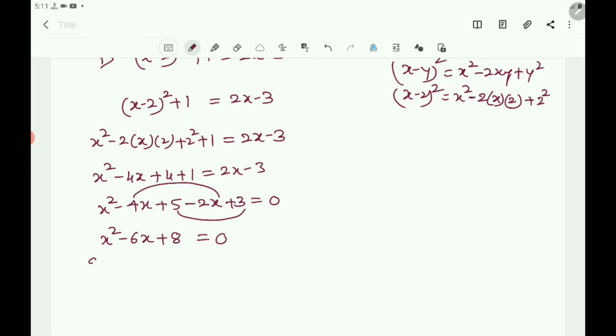Here you got a equals 1, b equals minus 6 and c equals 8. So this x square minus 6x plus 8 equals 0 is in the form of ax square plus bx plus c equals 0.